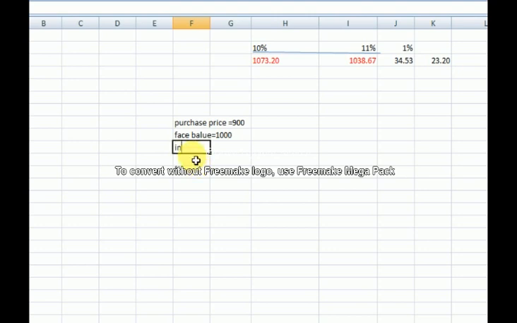And the interest rate is 10%. Now, the bond maturity is 5 years.